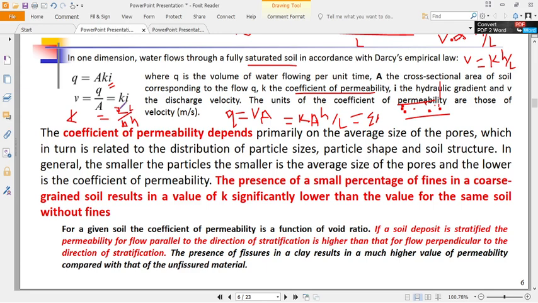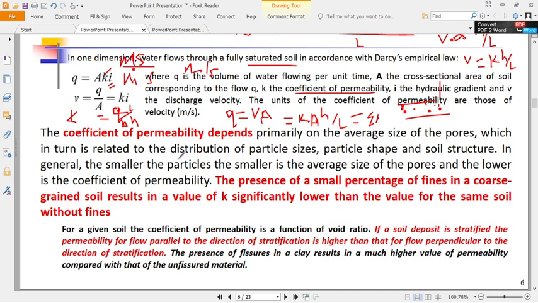And this is Q. Q is in meters cubed per second. So if you divide by area, it becomes meters per second. So you can see that our K is in meters per second. Is that okay? So this meters per second is speed, is flow.